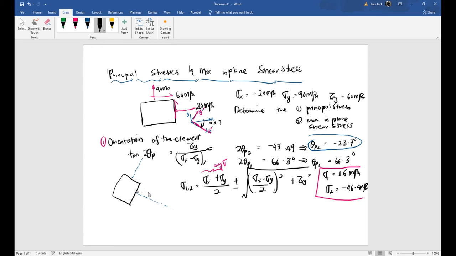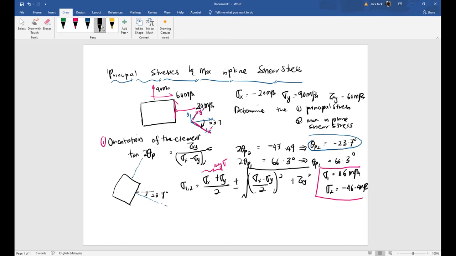So this is your straight line, and this is your theta, which is equal to 23.7 degrees. We want to check whether this angle will contribute to this maximum of 116 megapascal, or to the minimum of minus 46.4 megapascal. So we need to check.